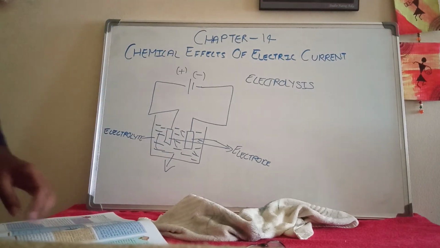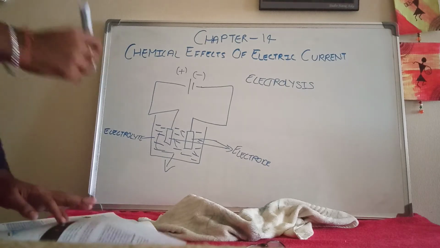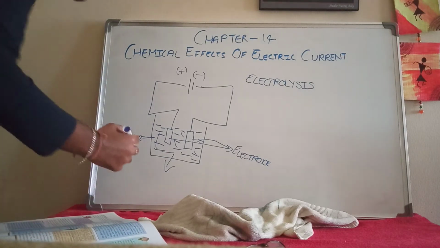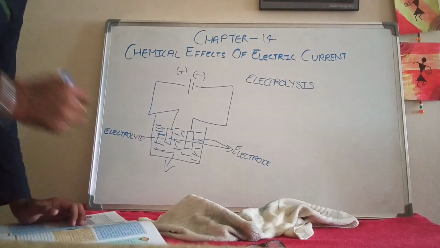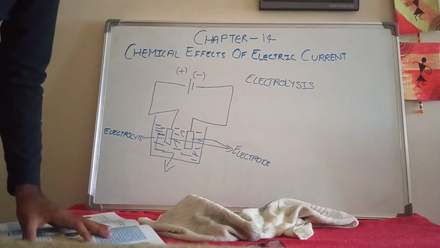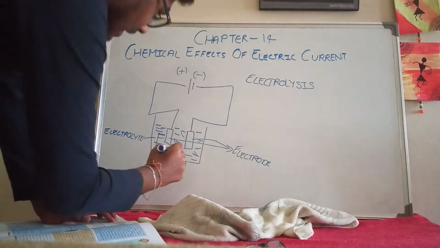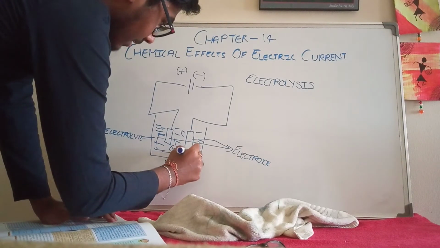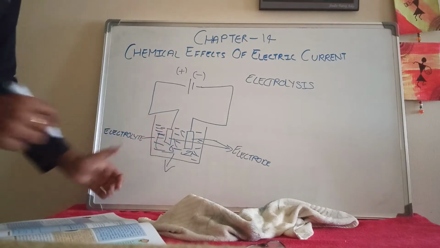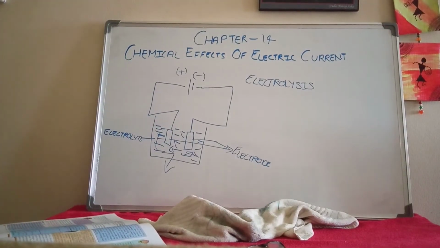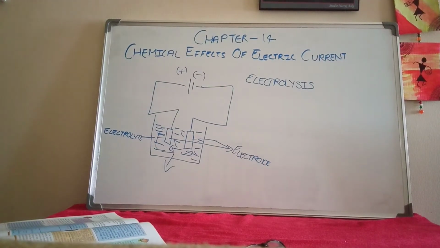Whenever electricity passes through an electrolyte, the liquid breaks into ions. Why ions? Because liquids conduct through ions. It breaks into ions and they go to two terminals, the cathode and the anode. These two are called electrodes. So electrolysis means the breaking of a liquid into ions when electricity passes.